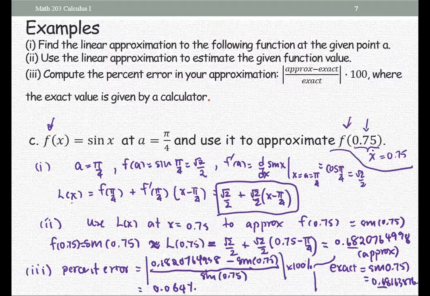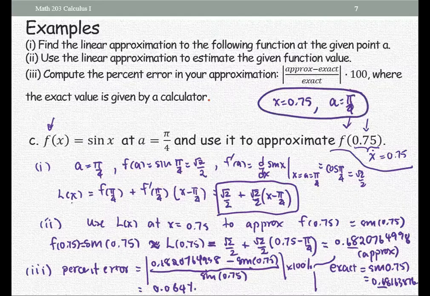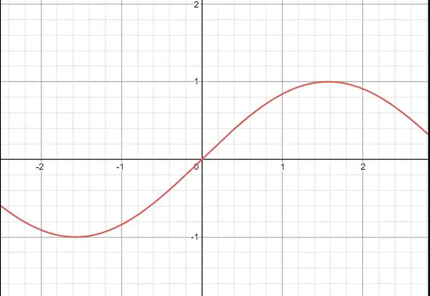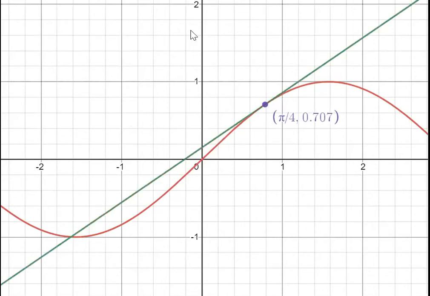And another way you can confirm it is that for the x equals 0.75 and the a, which is pi over 4, when you type in the calculator, these two values have to be close. We're going to use a reference point at pi over 4. Okay, pi over 4, that's the point. And using this point, we get the linear approximation, or the line passing through that point, as the green line here.